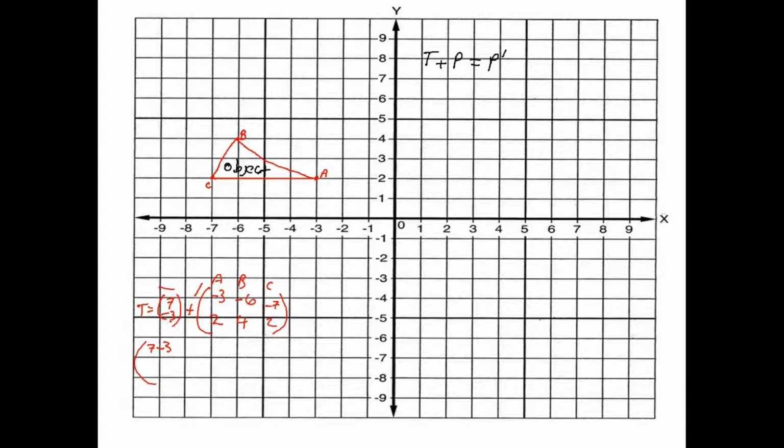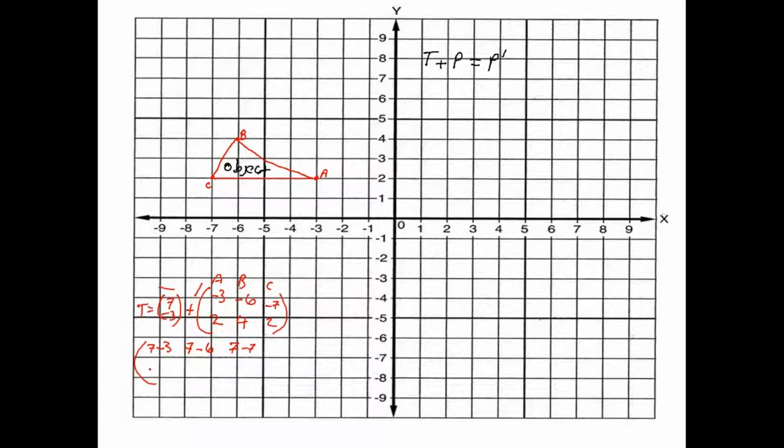Then we should say 7 minus 6 in row 1, and then we say 7 minus 7.